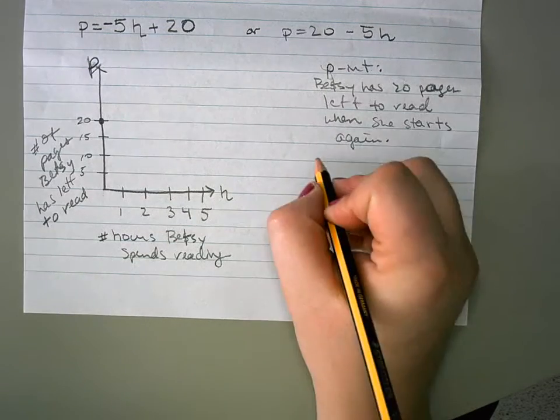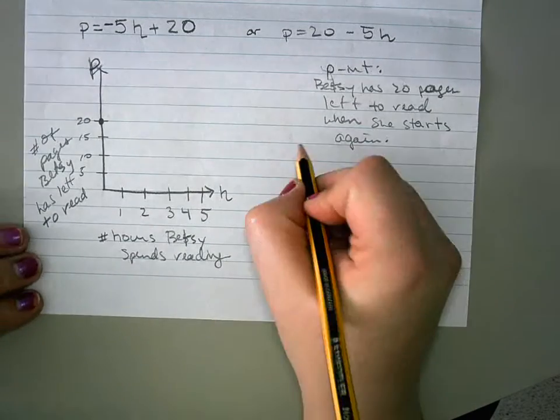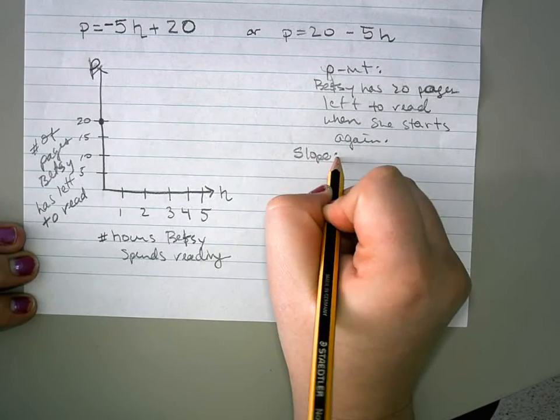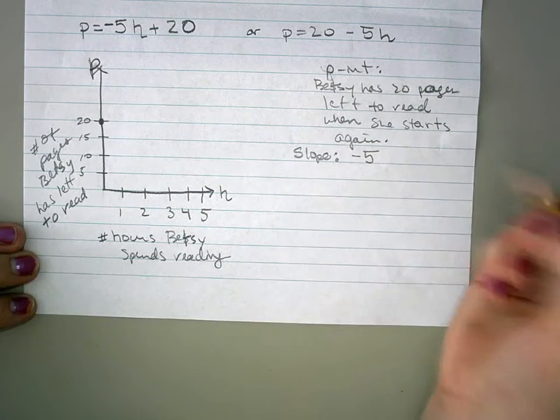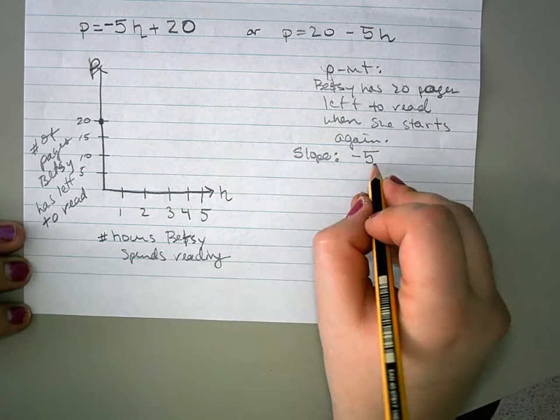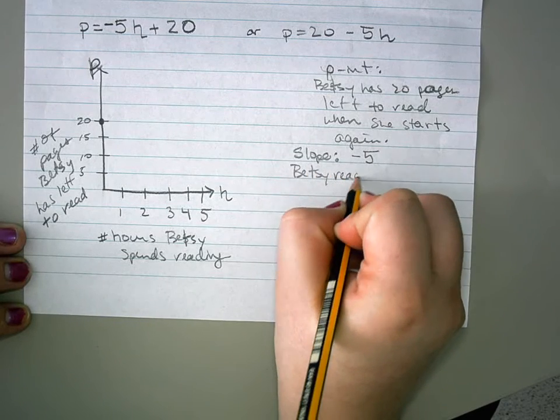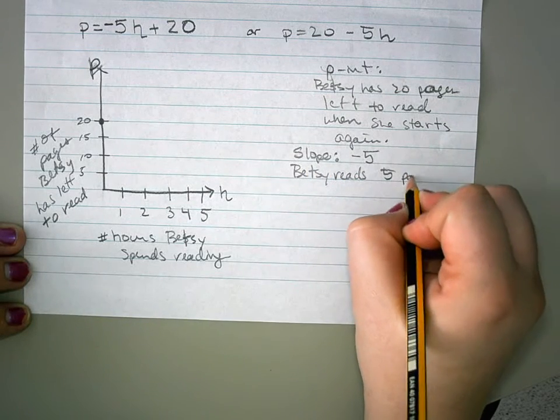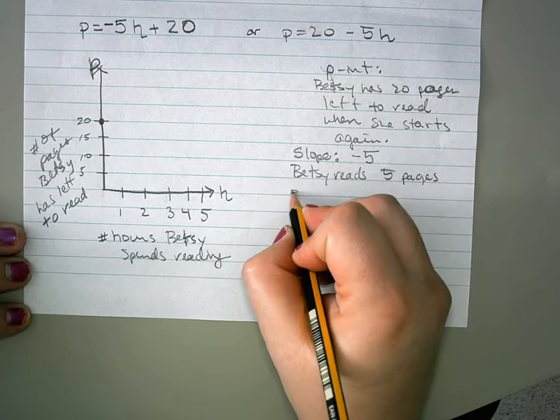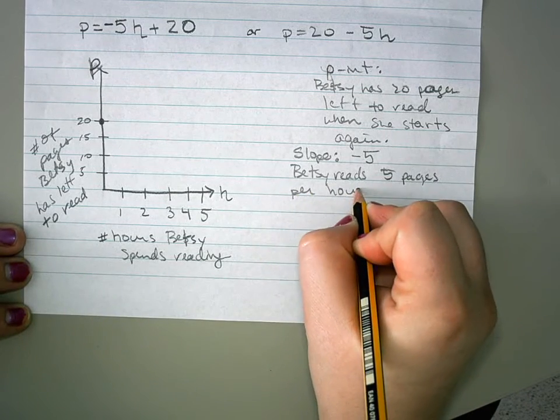And so she's already read a few pages. Then we define the slope, which in this case is -5. So that means that Betsy reads 5 pages per hour.